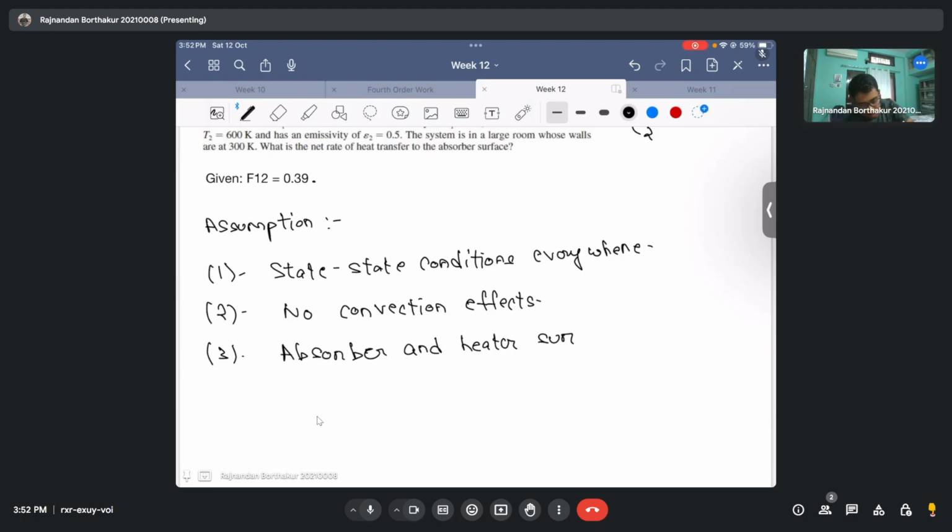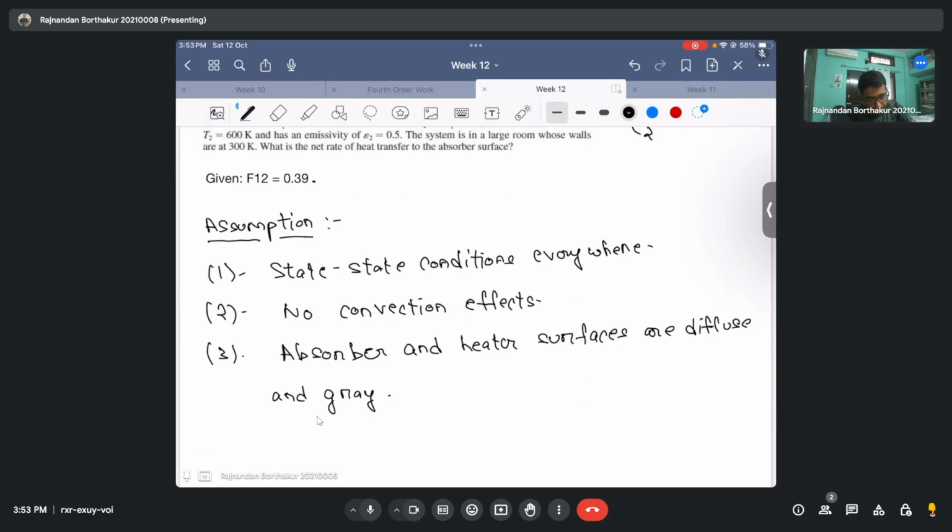That's why I'm doing that, just to make things systematic and convenient for the solution. So the third assumption was that absorber and heater surfaces are diffuse and gray, meaning that my surface properties are not a function of wavelength, and they are not a function of direction as well.